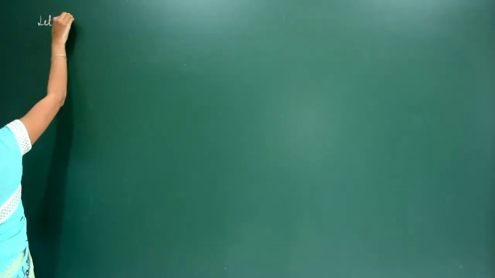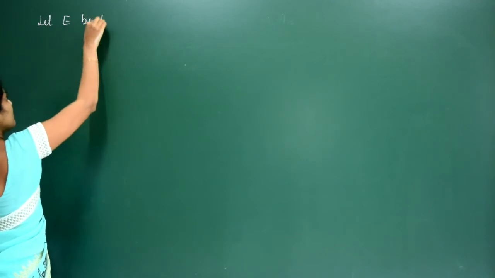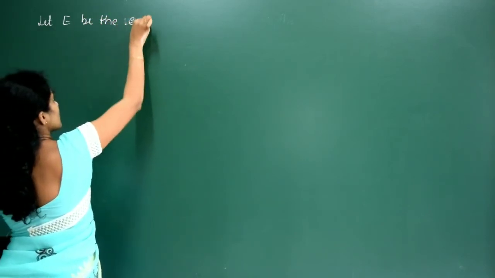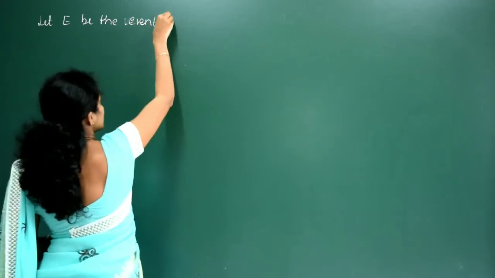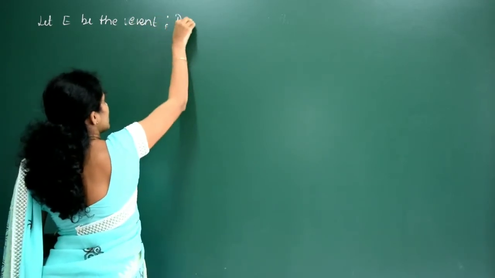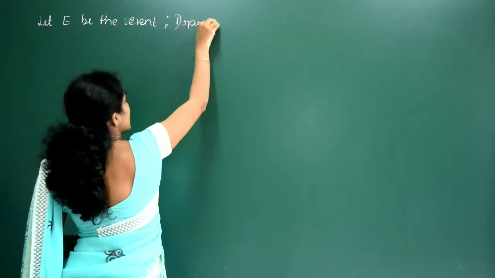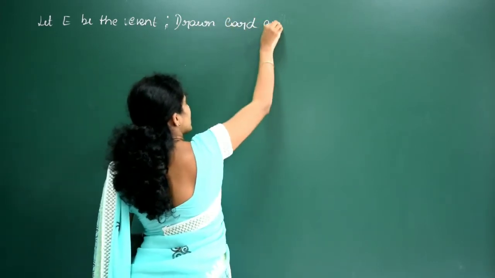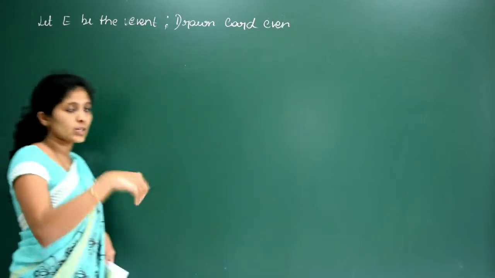First we will consider, let E be the event that the drawn card is even. Is it clear? And what is given?